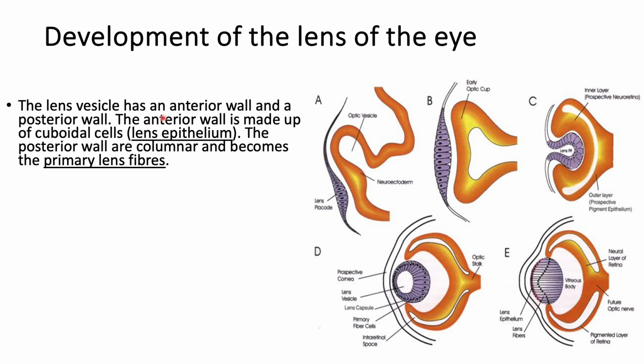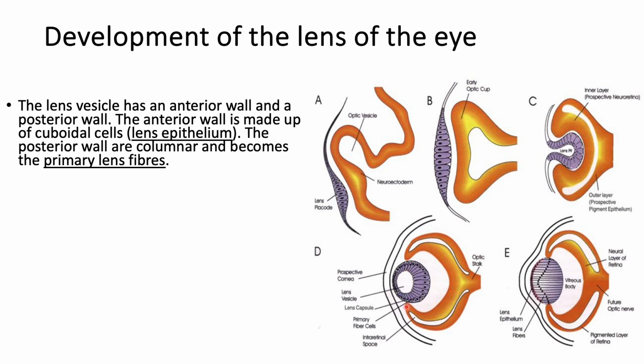So the lens vesicle has an anterior wall and then a posterior wall. We are talking of the lens vesicle this time. Once the lens pit grows and invaginates deeply, the two edges or ends here, which are in continuation with the surface ectoderm, come together, and then once they meet, they sever their relationship with the mother that gave rise to them, i.e. the surface ectoderm.